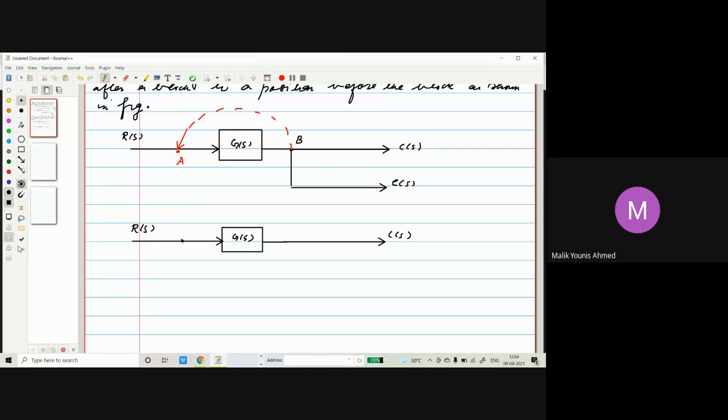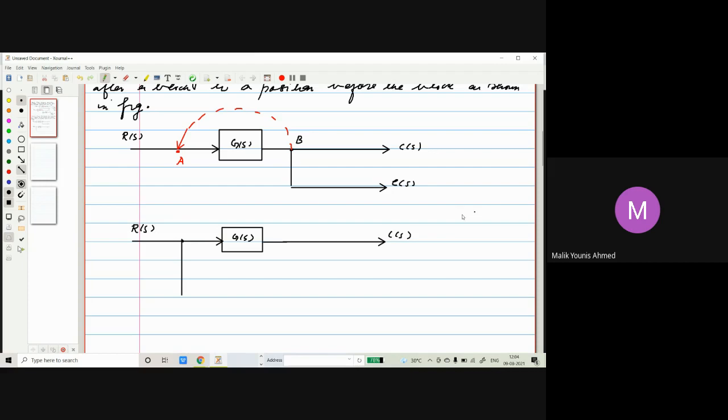What should we exactly do? Let's see. Output by input is the transfer function. But the value of R(s) can also be written as follows.